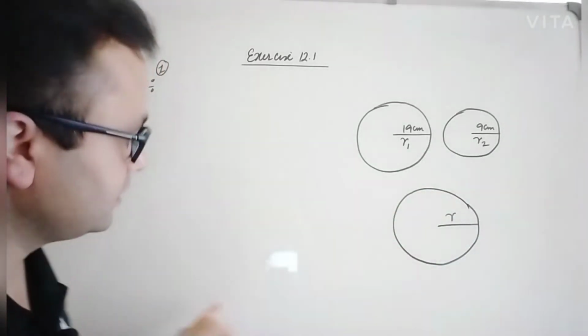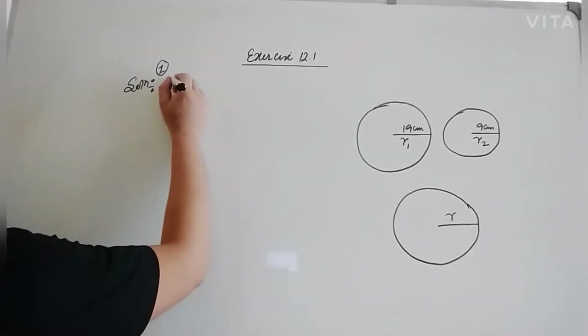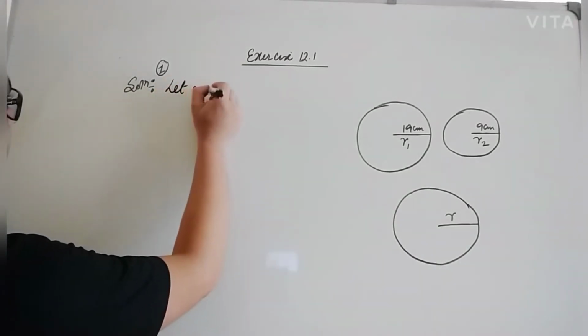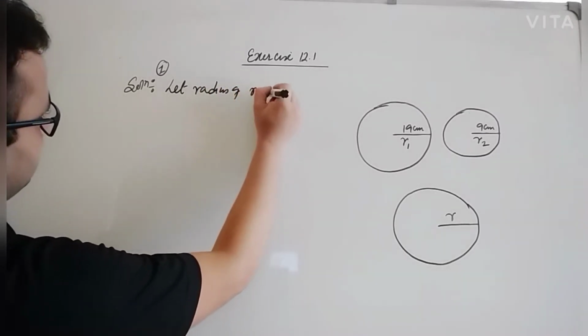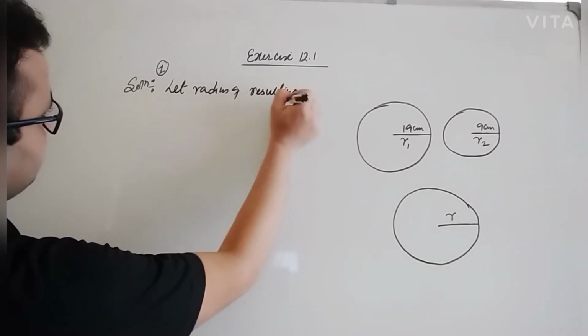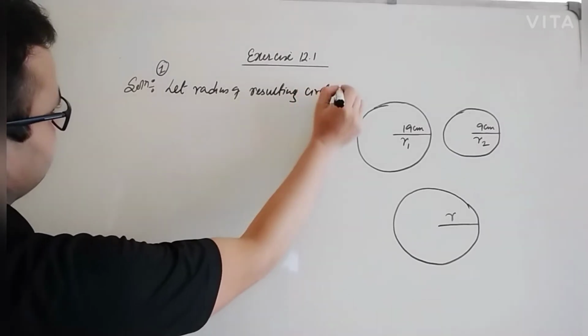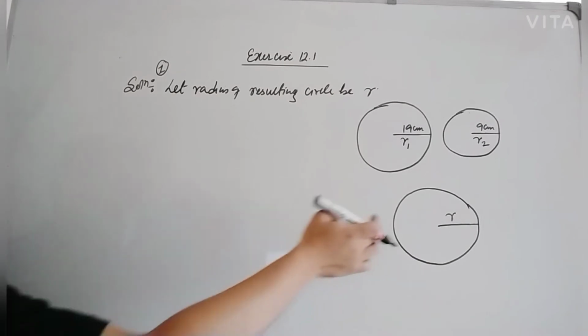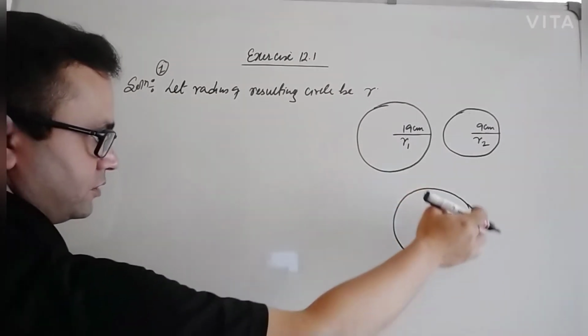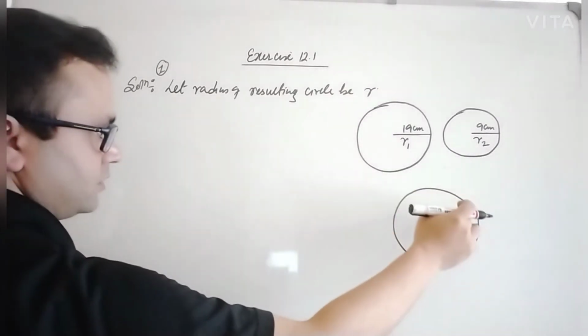So let the radius of the resulting circle, this final circle, be r.